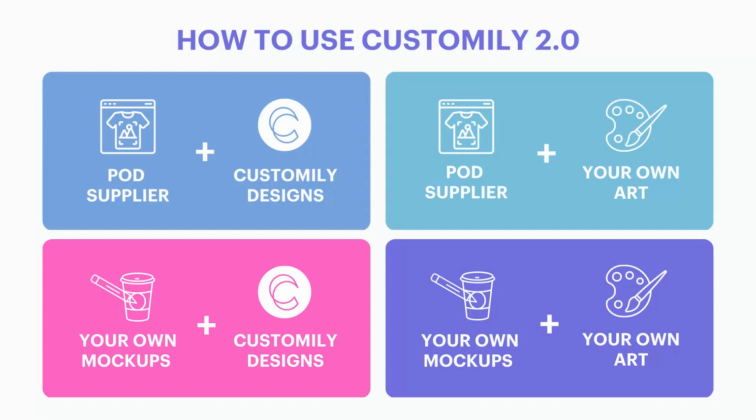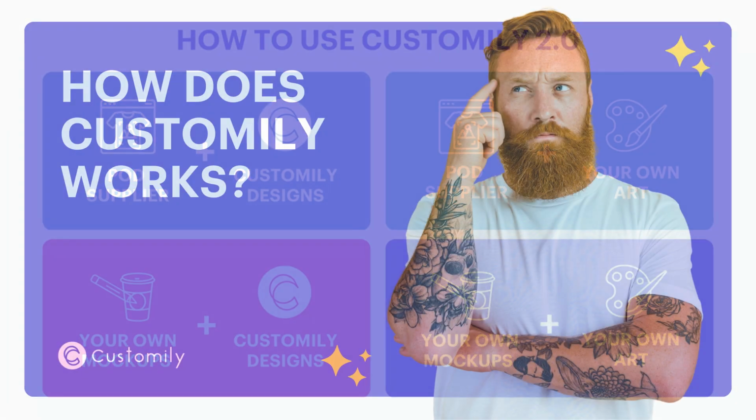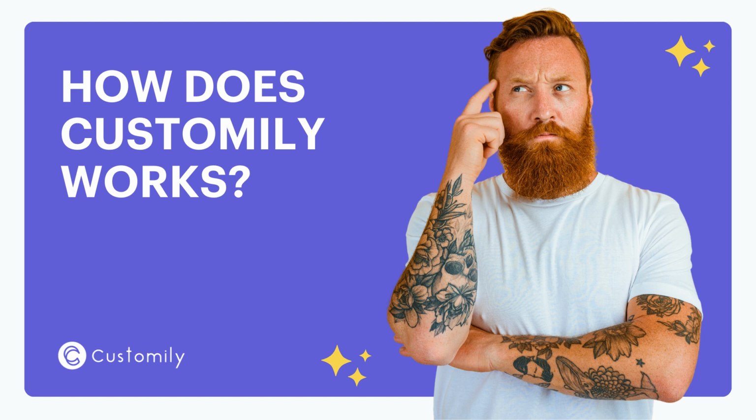This is the path that involves more time, but once you have all your product mockups and all your designs set up, it's just a mix and match game, and you'll be able to create and launch new products in seconds. Now remember, Customily 2.0 is the fastest way to create new products. Basically, whatever you combine in these 4 paths will create a new product in your store.